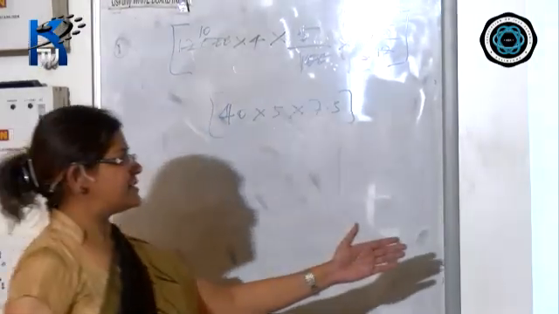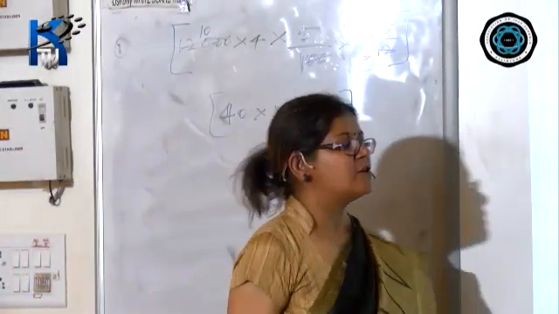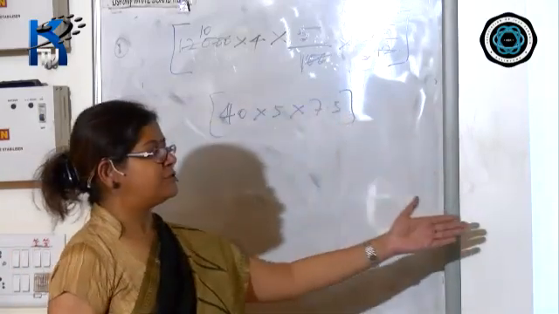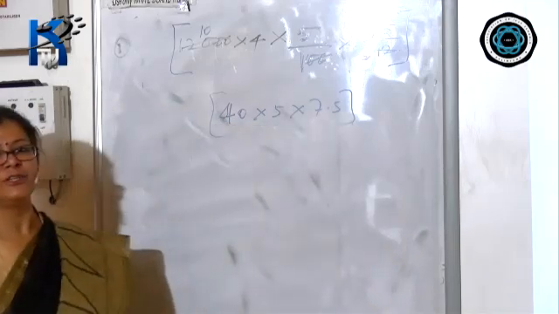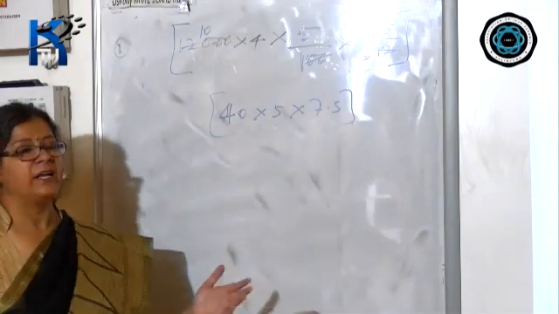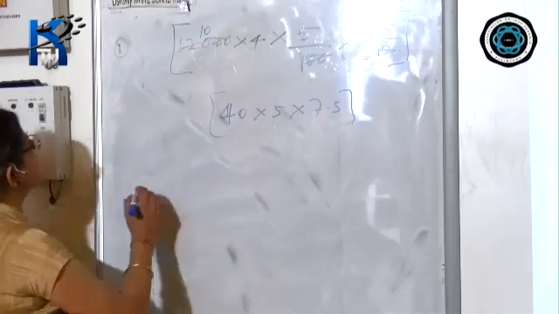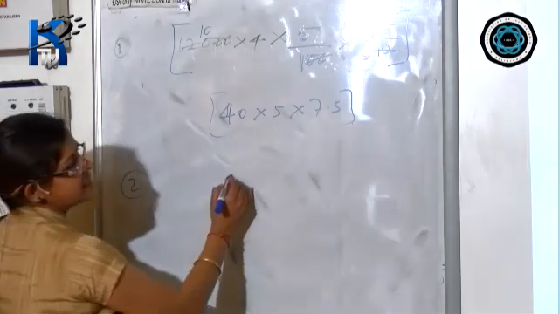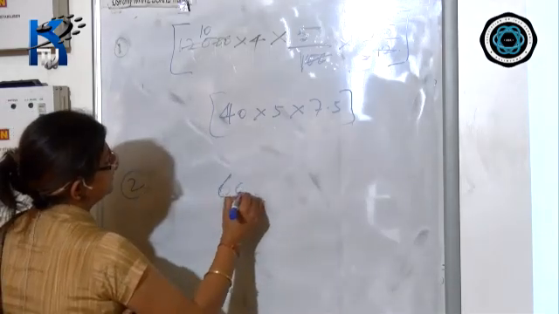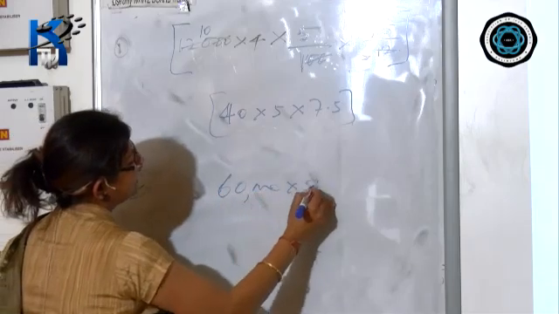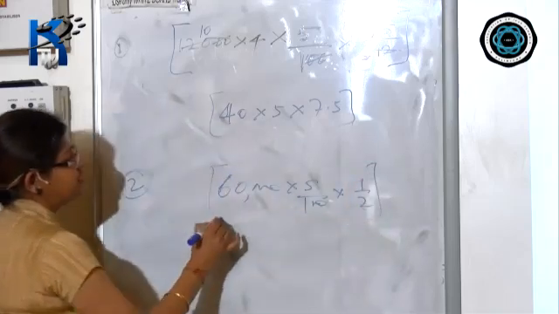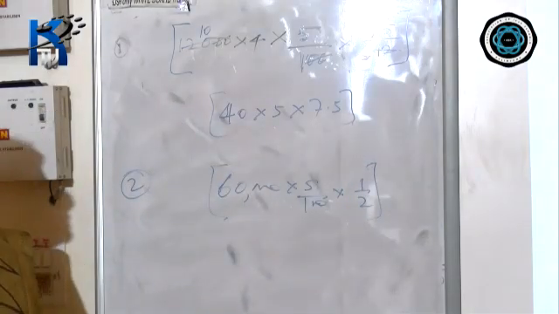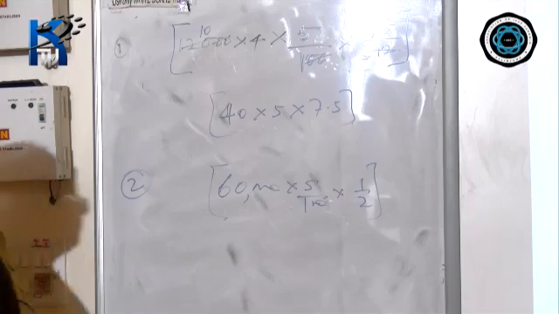The second question says, if he withdrew 60,000 during the year, and the date of drawing is not mentioned in the question, you take it for an average period of 6 months. So 60,000, rate is 5%, and you will divide it by 2. Whatever answer comes, that will be your interest on drawings.